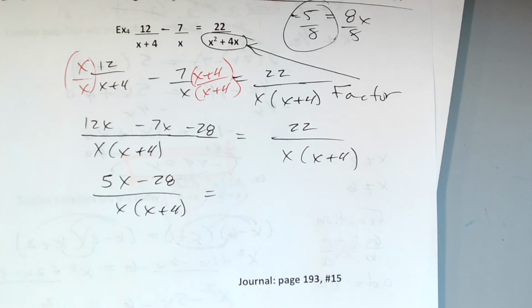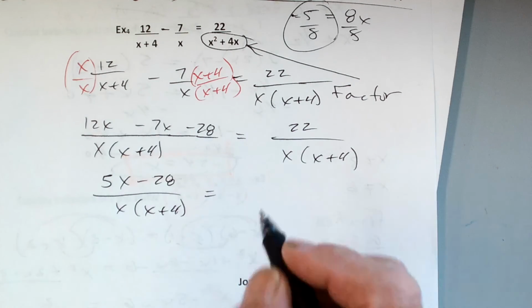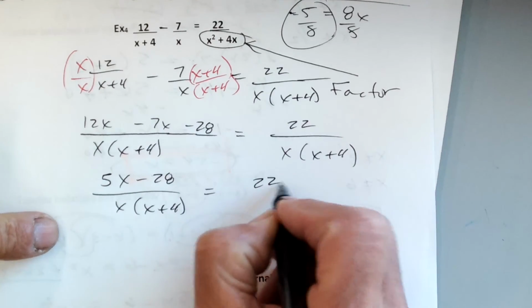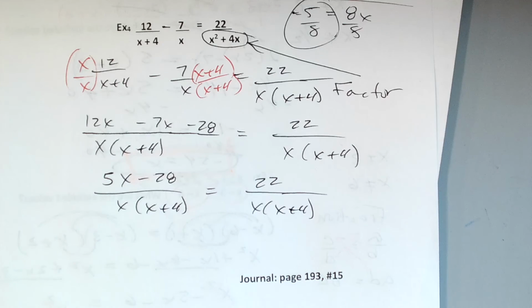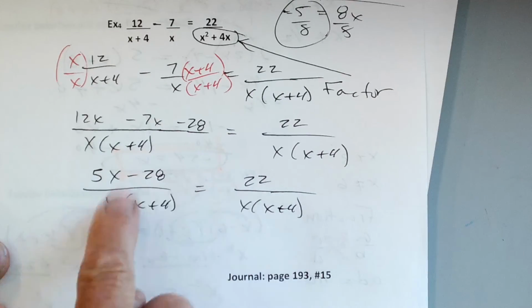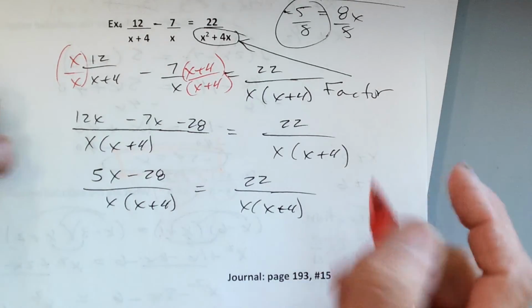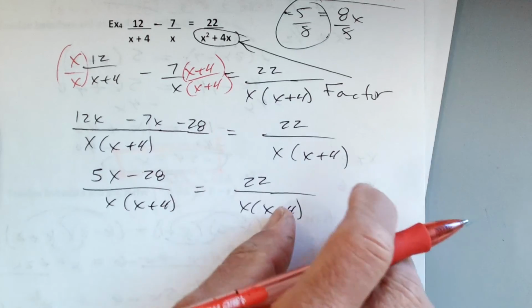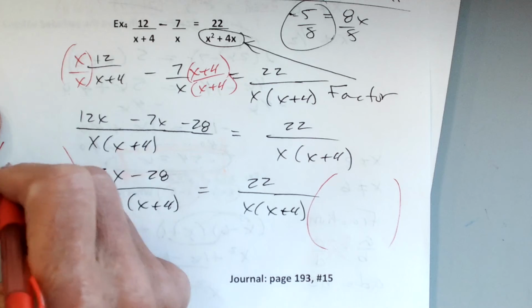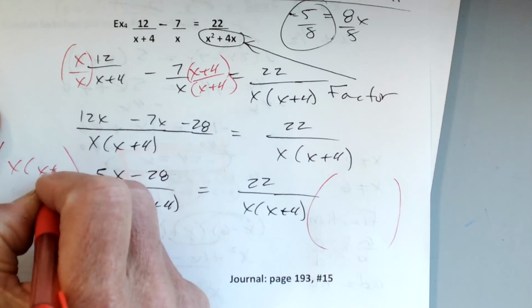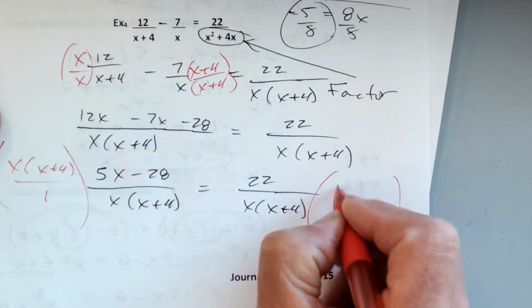let's see. Over 22 times x plus 4, okay? Now, I'm not going to cross multiply. What I'm going to do in this case to make it easy, because they both have a common denominator, is multiply both sides, because it's an equation, by x times x plus 4.